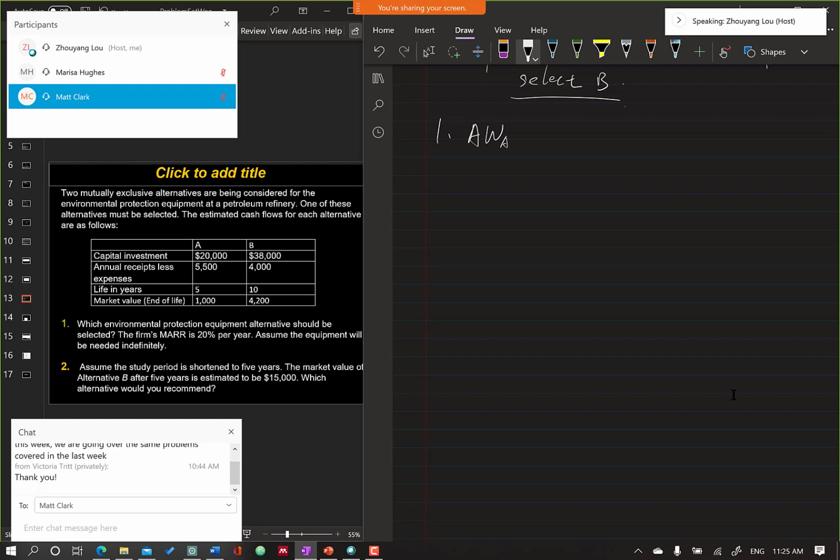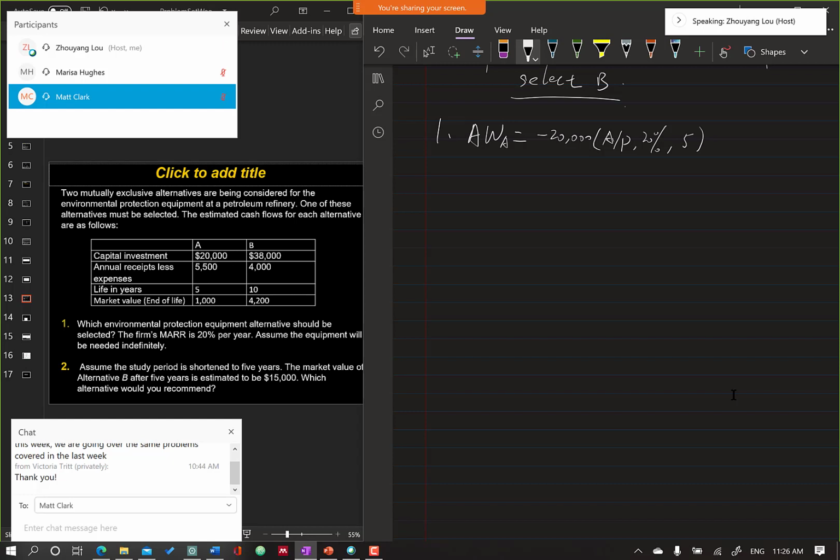So we start with A. At year 0, we have the capital investment for A, that's minus 20,000. We have this as a present value, but we want to find the annuity at 20%, since the life is 5 years.